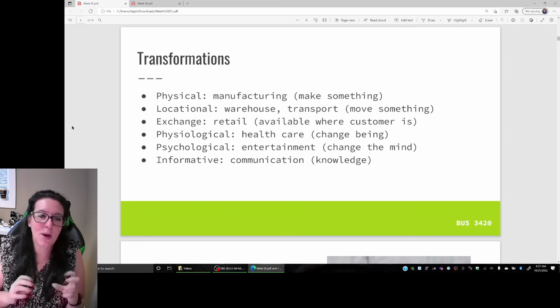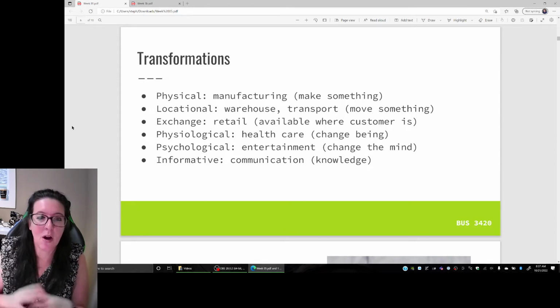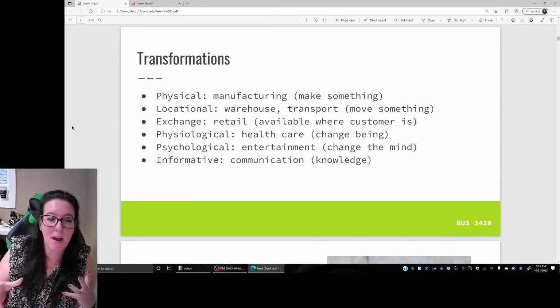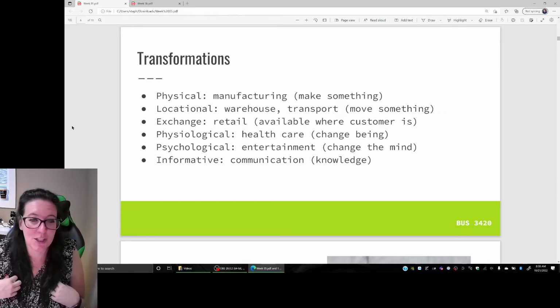There's also a type of transformation called exchange. If you are the Hudson Bay Company or Old Navy, you're providing value added by making the goods available where the customer is. Hudson Bay Company didn't make the shirt.